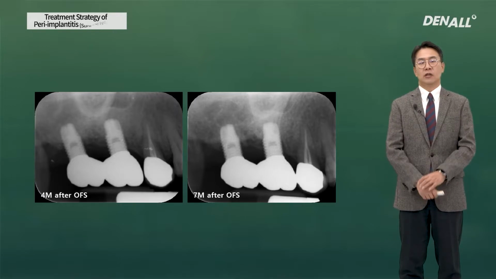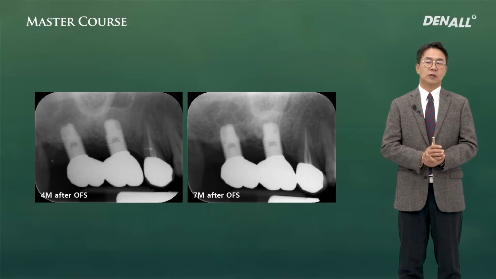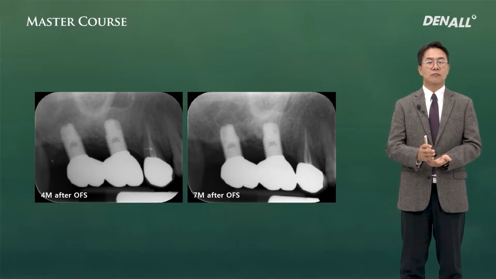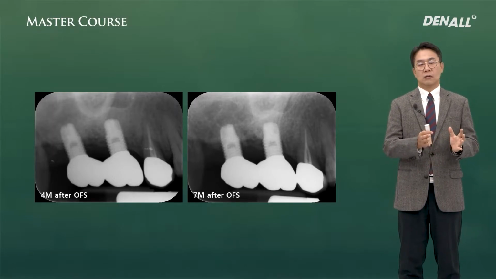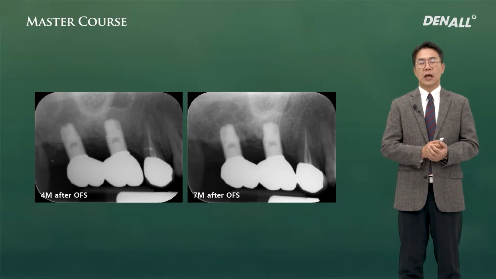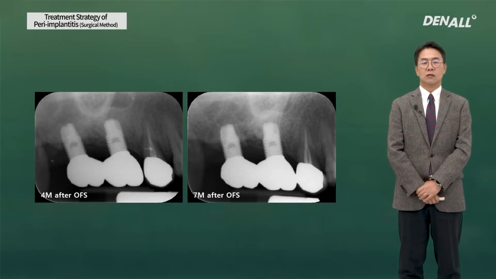If I had used a decision tree, I believe I should have removed the implant. However, the patient may not really want implant removal, or removal in itself can be a stress. So I just opened the flap and removed the contaminant to improve the condition.